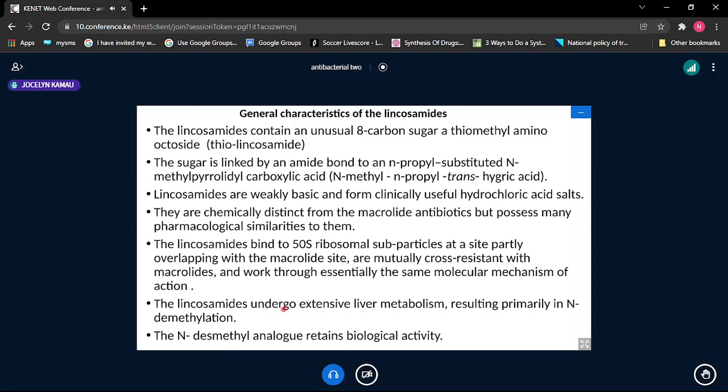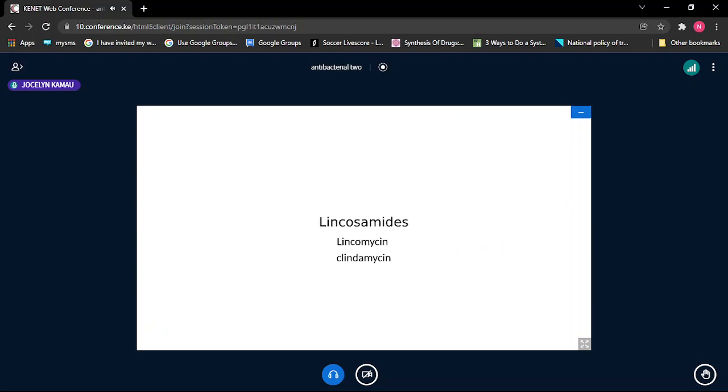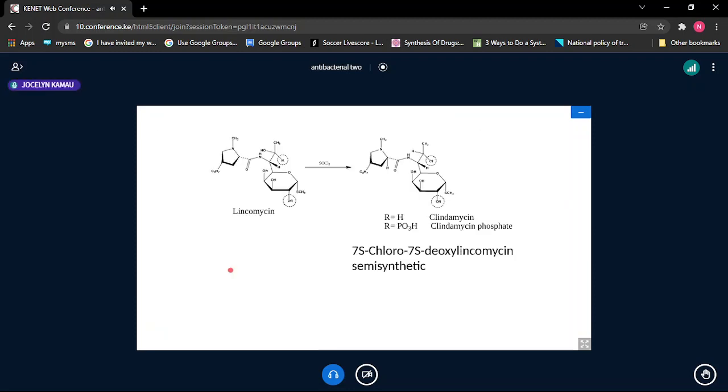The lincosamides undergo extensive metabolism, resulting primarily in N-demethylation. The biggest advantage is that, at the end, this demethylated analog retains biological activity. Again, going back, simple. This is this N-methyl group.